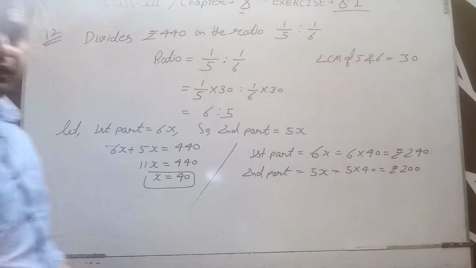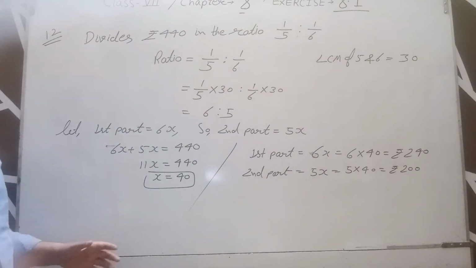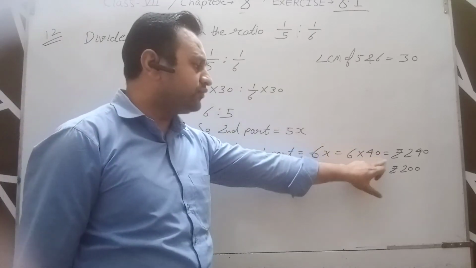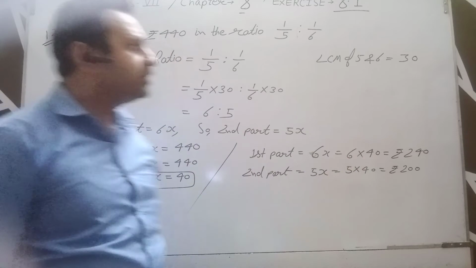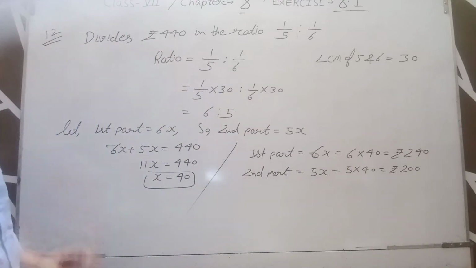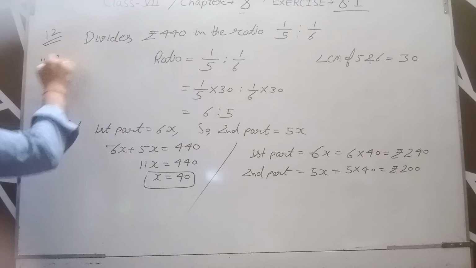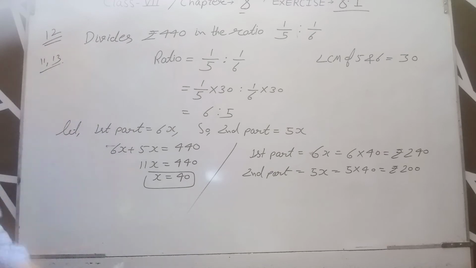So we have to divide rupees 440 in the ratio 6:5 and the values are rupees 240 and rupees 200. So I assure question number 12 is clear. Similarly you can do question number 11 and question number 13. So just note down.